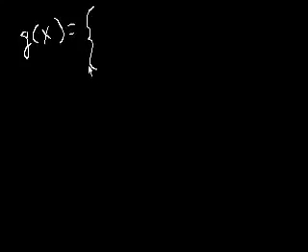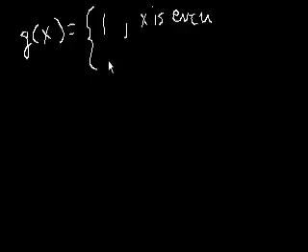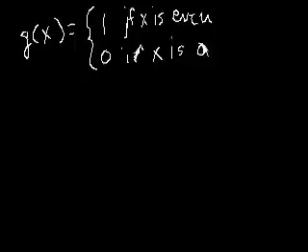Let's start off with an example not too different than what we saw before. Let's say that g of x is equal to 1 if x is even, and it equals 0 if x is odd.